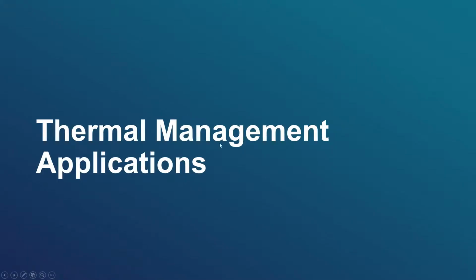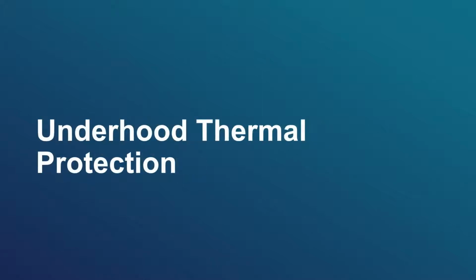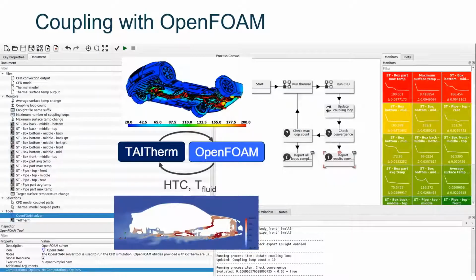Thank you, Francois. I will show some thermal management examples. Starting with Underhood thermal protection. So here you see the coupling between TAITherm and OpenFOAM. On the top, the TAITherm model, and on the bottom, the OpenFOAM.